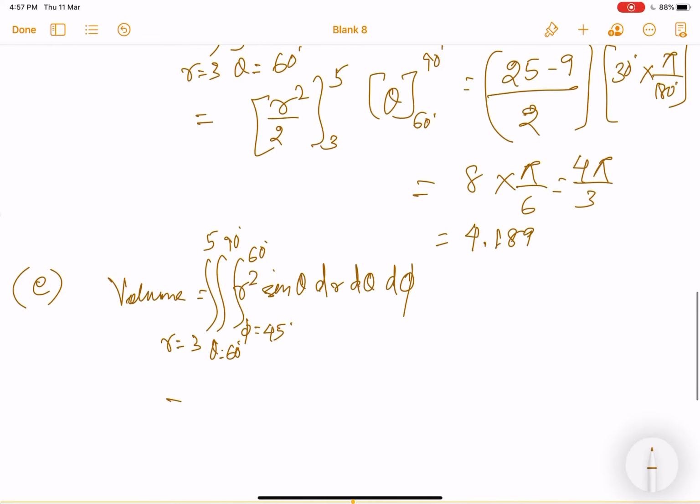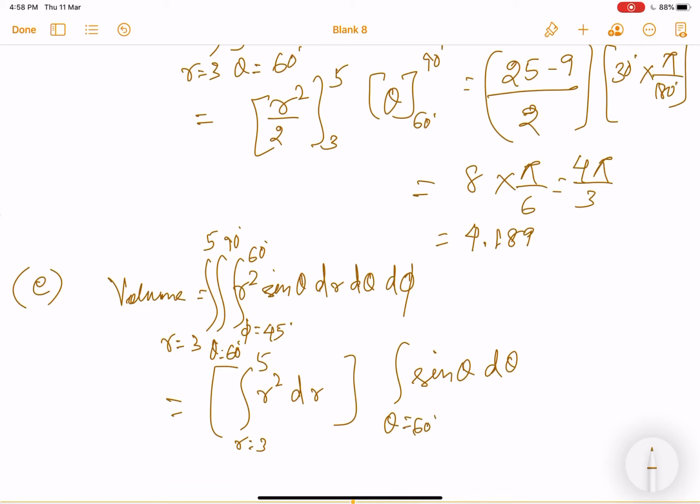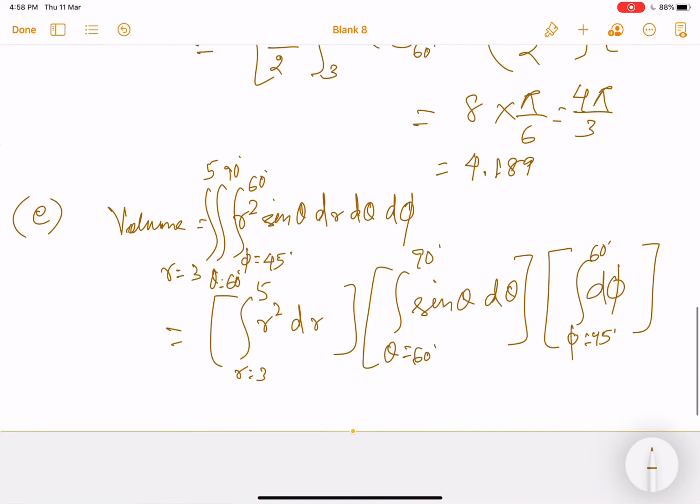So over here r squared, you can integrate it individually, like this. This is 3 to 5, then this is sine theta d theta, integrated separately because these are all independent of each other. And we have d phi, which varies from 45 degrees to 60 degrees.